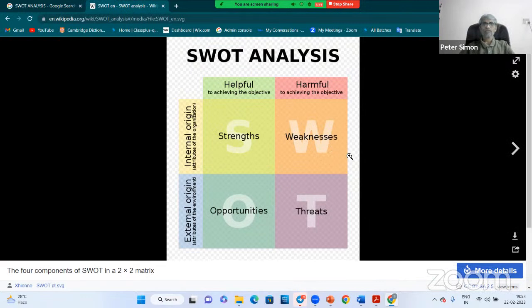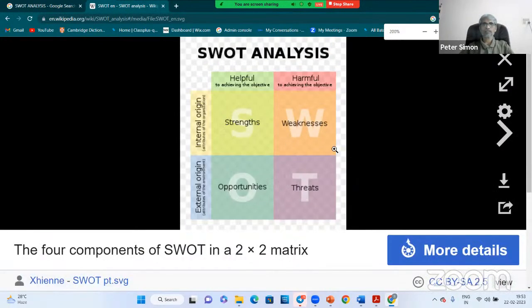So this is something called SWOT analysis. The four components of SWOT in a 2x2 matrix. So these two are internal, within. Your strengths and your weaknesses, they come from you. You already have them.